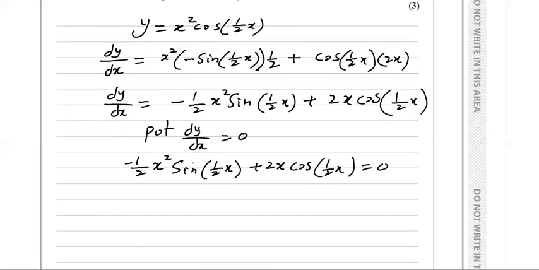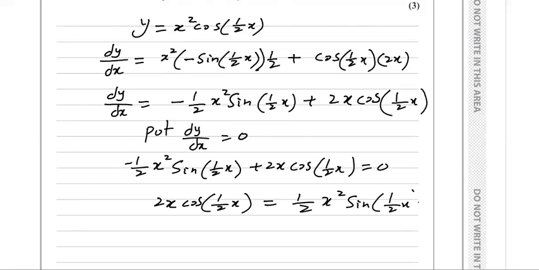So what I will do, I will shift it to the other side. It will become 2x cos of 1 over 2x equals 1 over 2 x square sine of 1 over 2x.